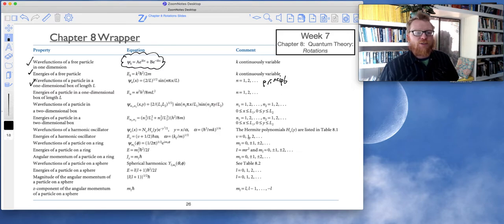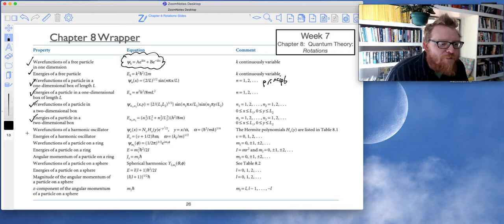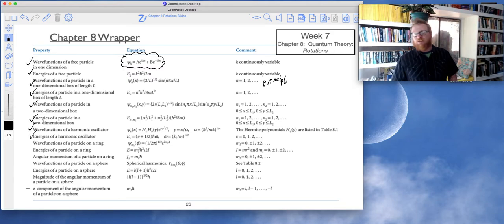I'll just write it as principal. And of course, we could expand, and so there's the energy solutions for that particle in a box. And of course, we did that with 2 dimensions, and we could see that it still worked out very similarly as did the 1-dimensional particle in a box model. So we have the wave functions of the harmonic oscillator model and the energies of the harmonic oscillator model.